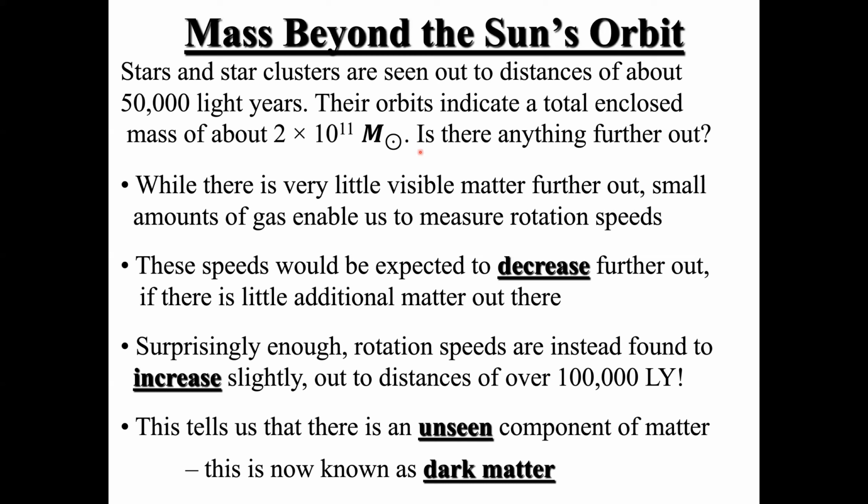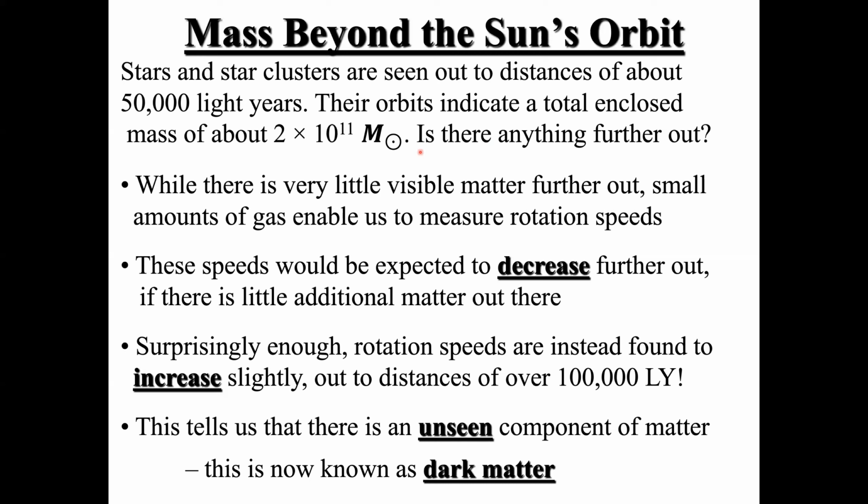If you look at their orbits, this indicates a total enclosed mass of about 2 times 10 to the power 11 solar masses, right? So you can see that it's around 2 times. You have measured only half of the mass when you measure the mass using the period of the sun and the distance of the sun from the center of the Milky Way, right?